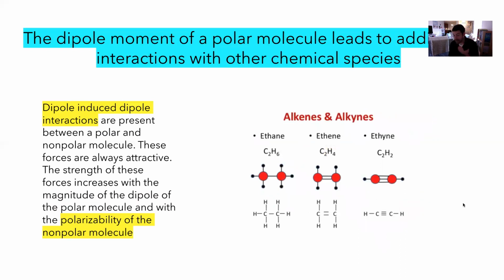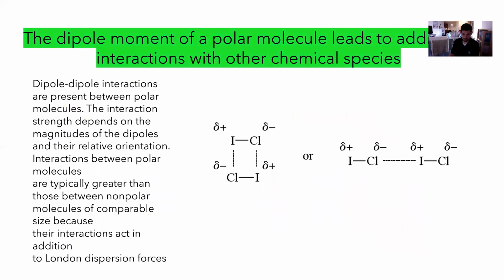And we also talked about the pi bonding. So the C2H2, the ethyne molecule, will be the most polarizable of these three. So it can have stronger dipole-induced dipole interactions if it is placed near a polar molecule with that permanent dipole. So that's one type of interaction.